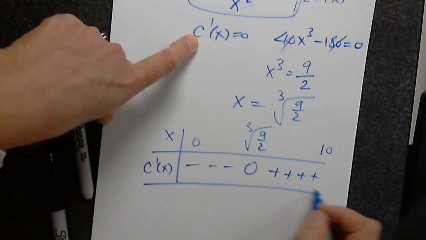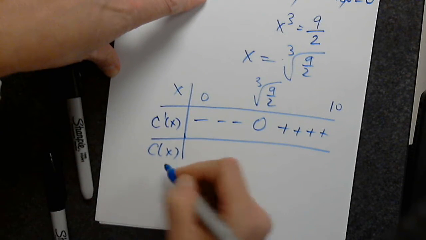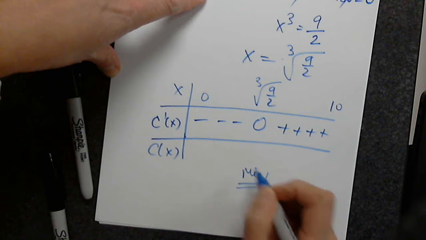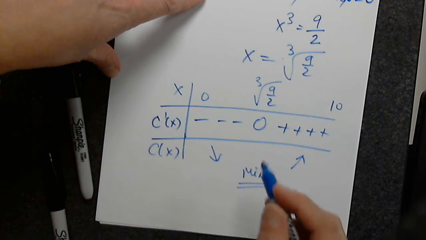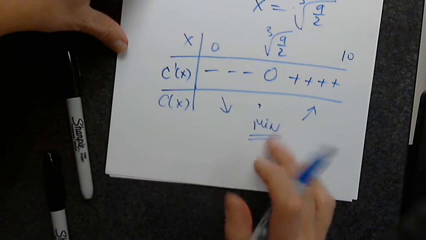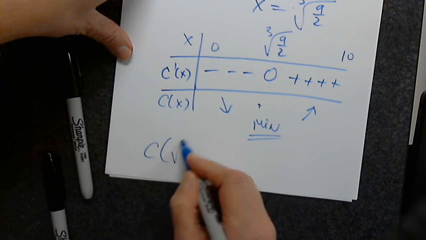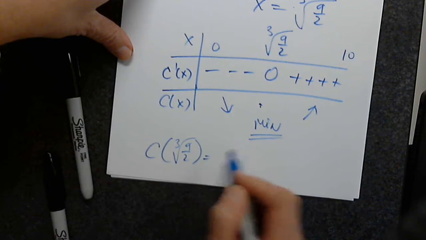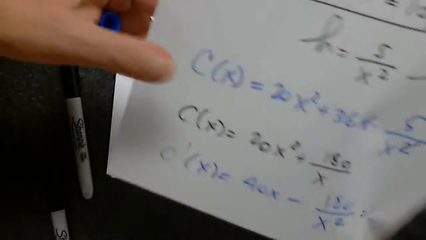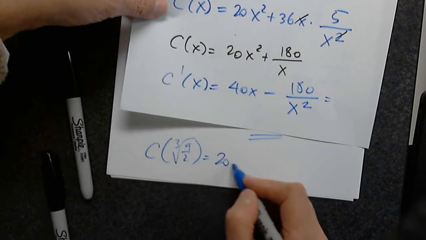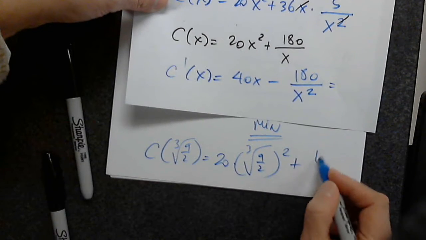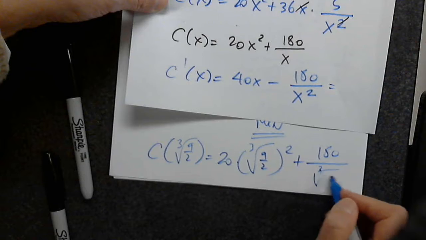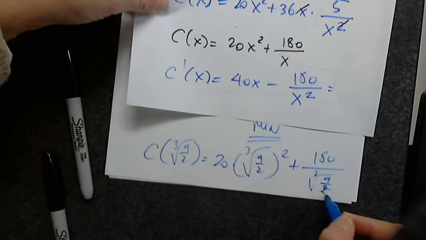So this is for sure the minimum because of the sign of the derivative. No question. If I want to determine this, I will find c of the cube root of 9/2. And I have to go back to c. Here's c. 20 times the cube root of 9/2 squared plus 180 over the cube root of 9/2.